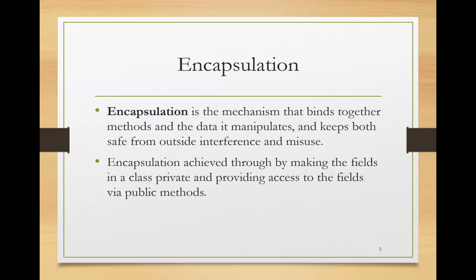So if a Java variable is declared as private, only within that particular class can you access it. Outsiders cannot access it, will not see it, and will not be able to use it. So you can protect it from outsiders' interference and misuse.